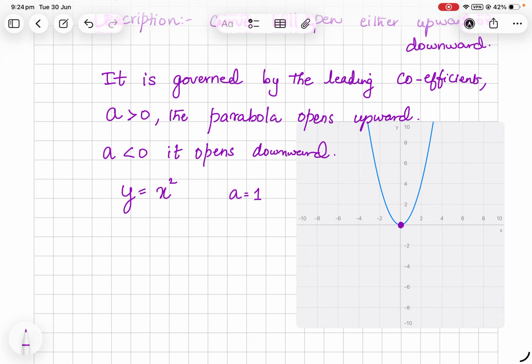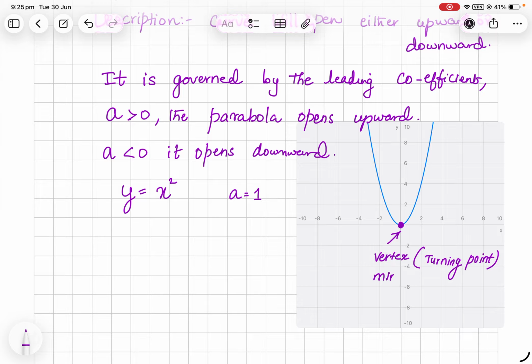Now these are some features here. This point right here is called your vertex, and in this case the parabola is not touching the x-axis or y-axis, so that's not our intercept, but it is our vertex. It has a special name, the turning point, because this is the point where the curve is changing its direction, and it can be either a maximum or a minimum.